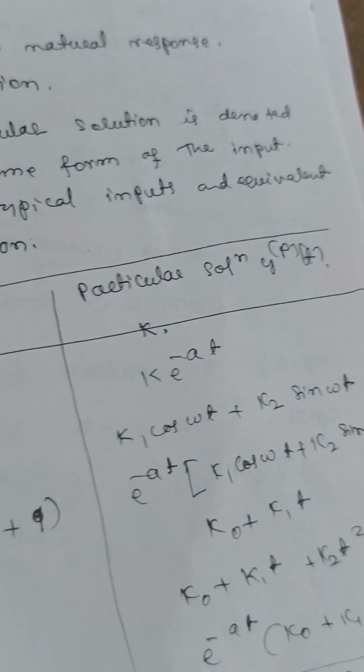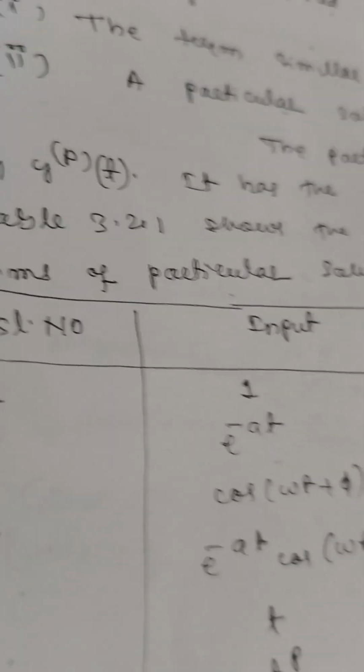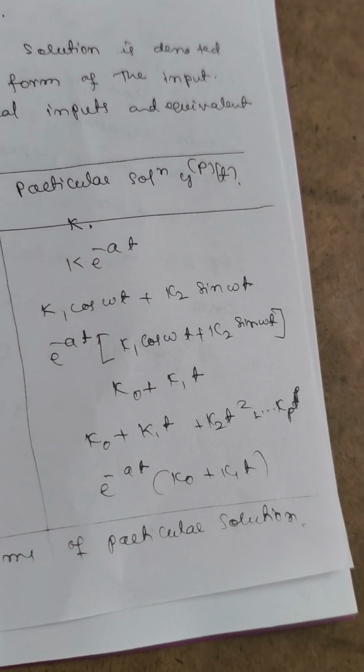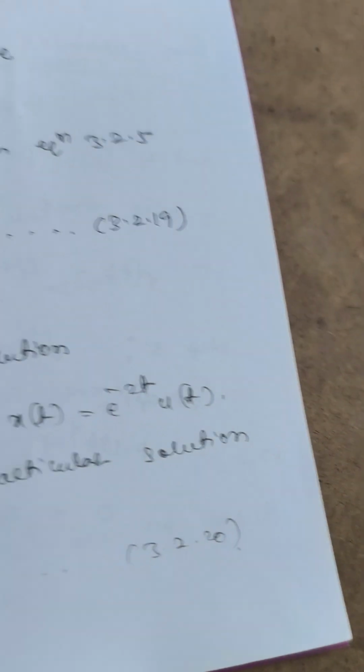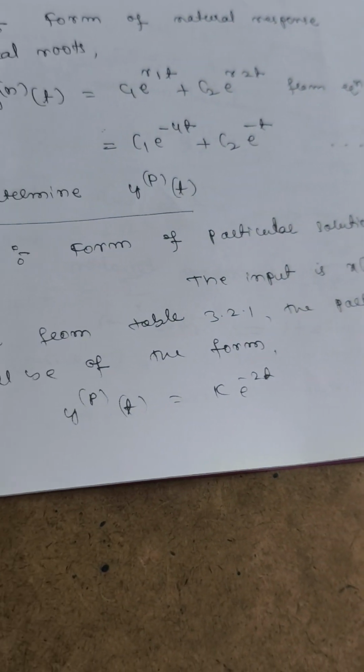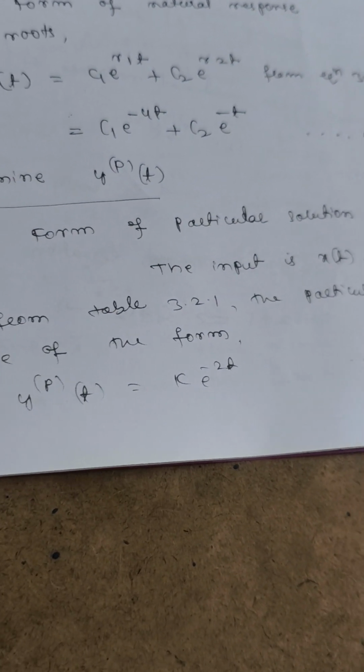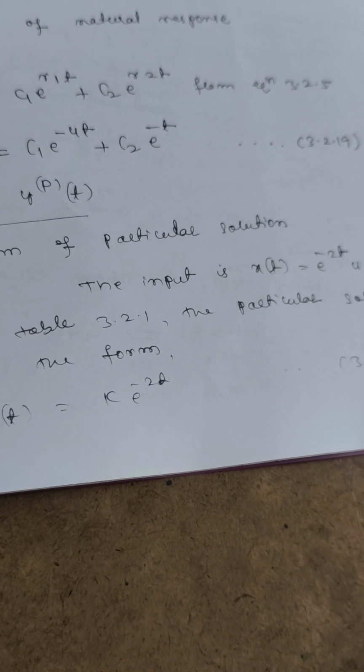You have to remember this table. This table is important. Referring to the table, the particular solution is k into e raised to minus 2t.